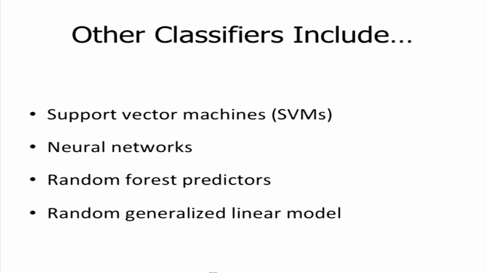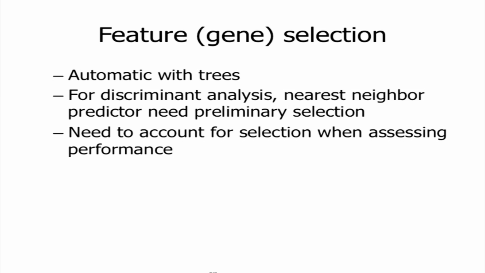Another thing I should briefly mention is this aspect of feature selection, in our case, gene selection. So the tree predictor does it automatically. Let's say you start with 50,000 genes, the tree would pick the best gene and then find the optimal threshold for it. However, for discriminant analysis and nearest neighbor predictors, you need to pre-select the features.